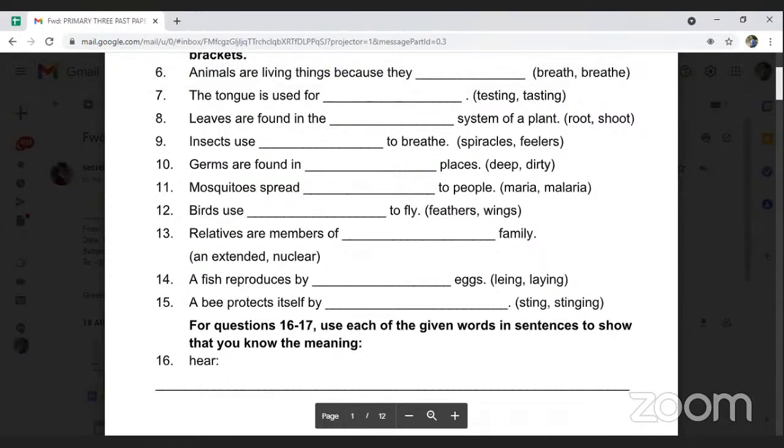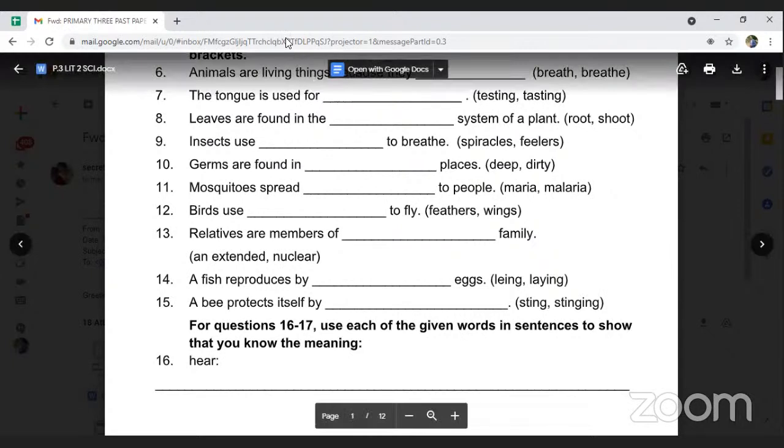Asante, can you construct a sentence using that word here? I hear you. Good. Shadrach, construct a sentence using that word. I hear a bird singing.